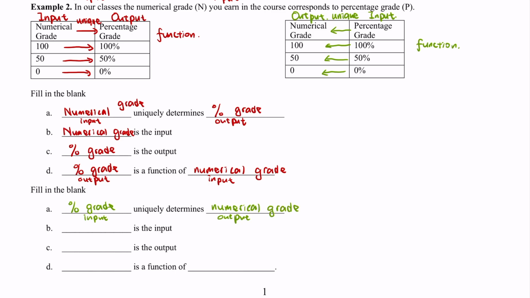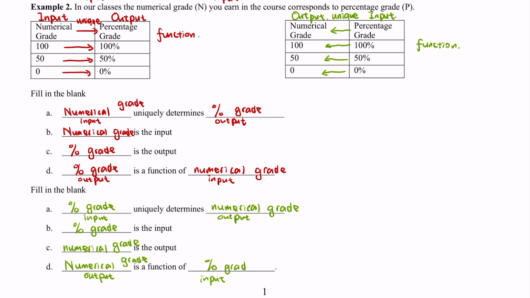And again, the input is the percentage grade, and the output is the numerical grade. And the last blank, the output is a function of input. And in the second table, the green one, the output is the numerical grade, and the input is the percentage grade.